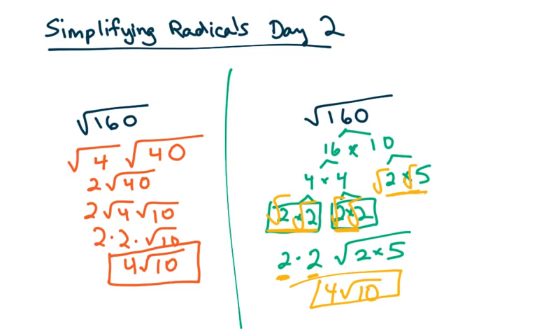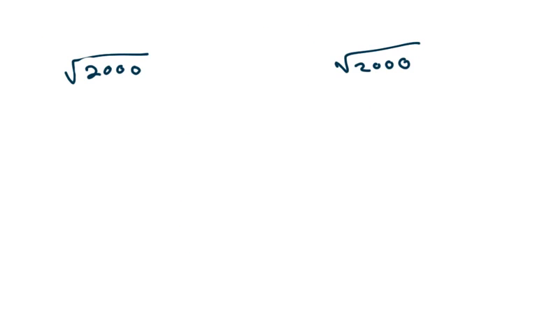I actually use a combination of the two if I have to do this. So let's use the old method for the square root of 2,000. So we have, let's see, 20 times 100. So then the square root of 100 is 10, times the square root of 20.